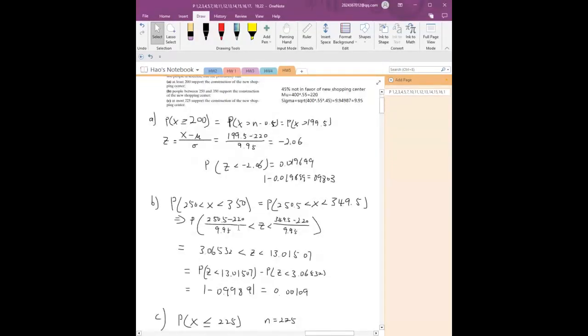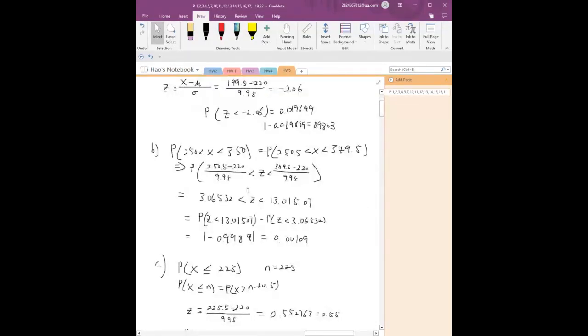And for B, you will do the same thing for between 250 and 350, and then plug into the formula and find the z-scores of 3.06532 and 13, then subtract them.